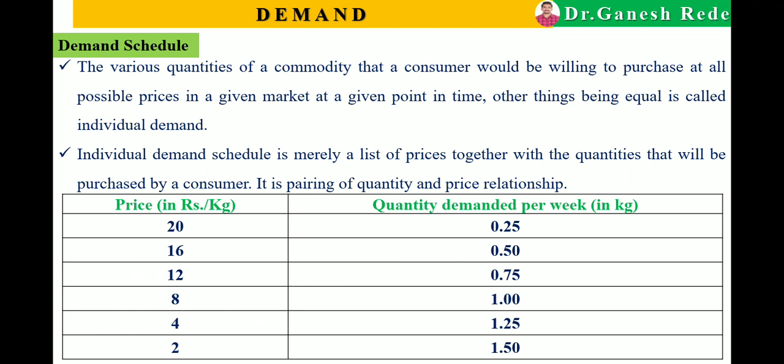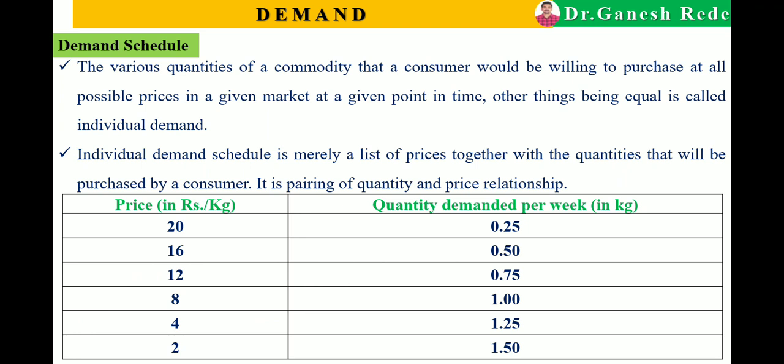The individual demand schedule is merely a list of prices together with quantities that will be purchased by the consumer, a pairing of quantity and price relationship.